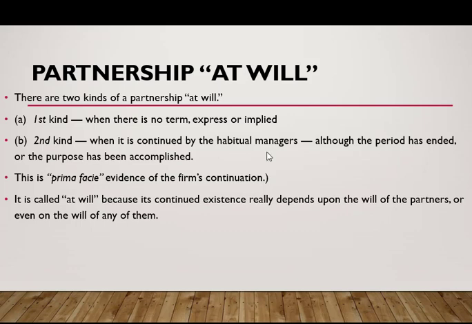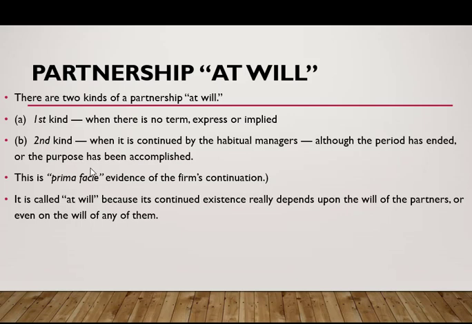And then again, partnership at will, a classification under the duration. So we've known this one. If there is no fixed term, expressly or impliedly, then it's a partnership at will. Or a partnership with an end term or a fixed term, or an undertaking, but even if the undertaking has been finished or the end term has expired, still the business has continued.